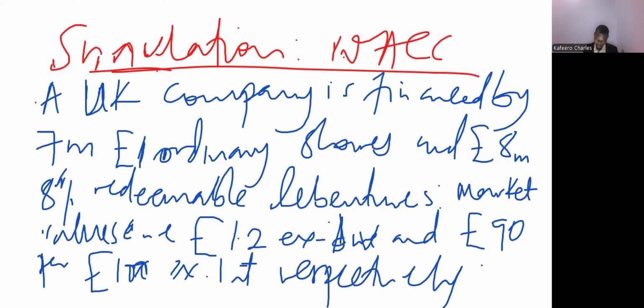Meaning for the debentures, the par value is 100, but the market value is 90. For the ordinary shares, the par value is £1, but the market value is £1.2.